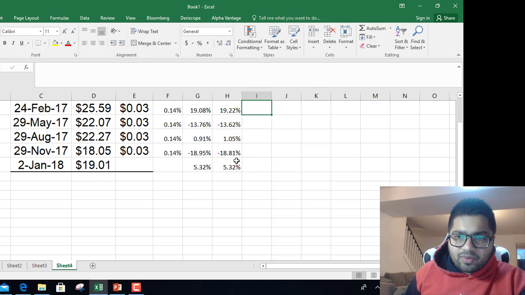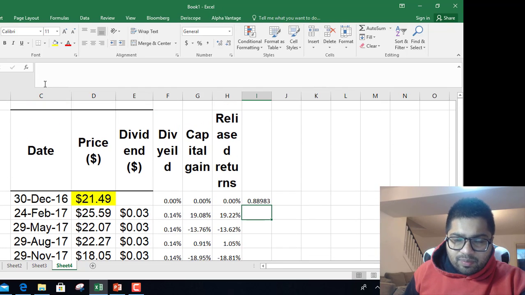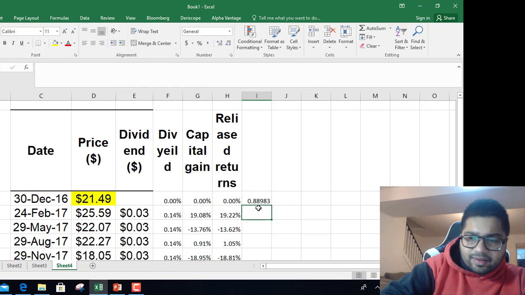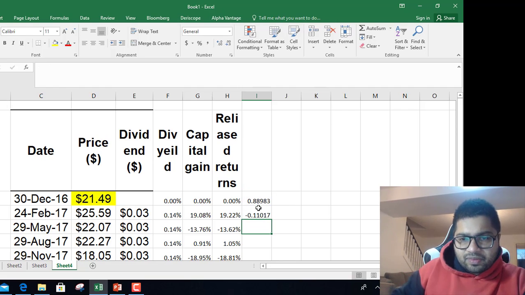Okay, this is step 1. So multiply everything, 1 plus given period returns, and multiply everything. Next step, whatever is the answer, subtract 1 from it.